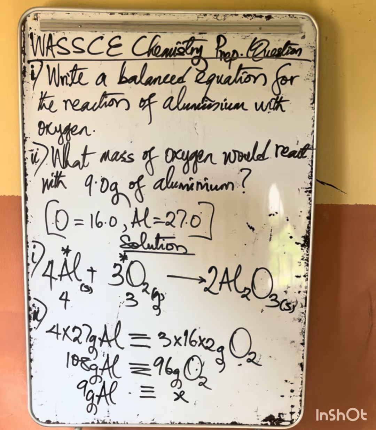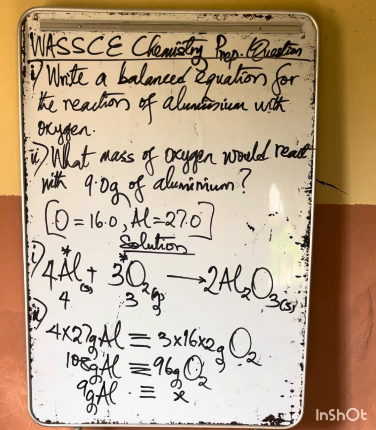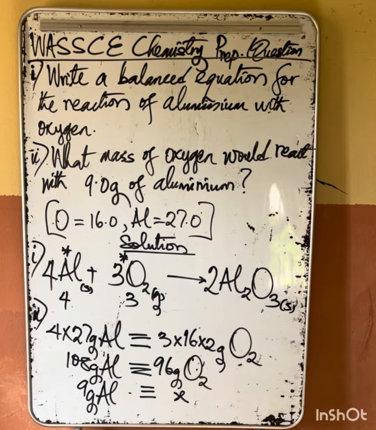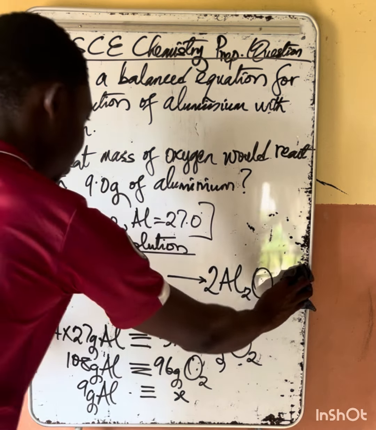If 9 grams of aluminium reacts, what mass of oxygen will be required to react? It is very simple. What do you do at this point? Cross multiply, make X the subject, and you get your answer. I'll be rubbing off the board to see the space to finish up our work.